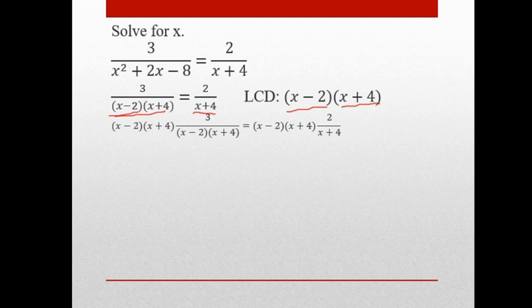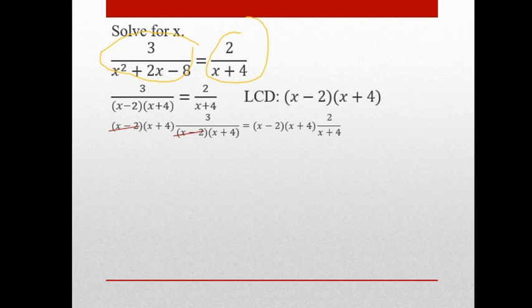Minultiply na natin. Burahin ko lang para mas kita natin. So, minultiply na yung ating LCD sa bawat term. Ito yung ating LCD. Ito yung dating original equation natin. Minultiply natin yung ating LCD dyan sa dalawa na yan. So, mapapansin natin, meron na tayong pwedeng i-cancel ulit. Ano yun? X minus 2. Parehong meron doon.